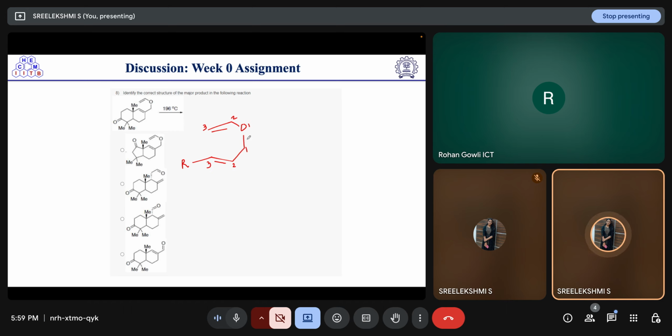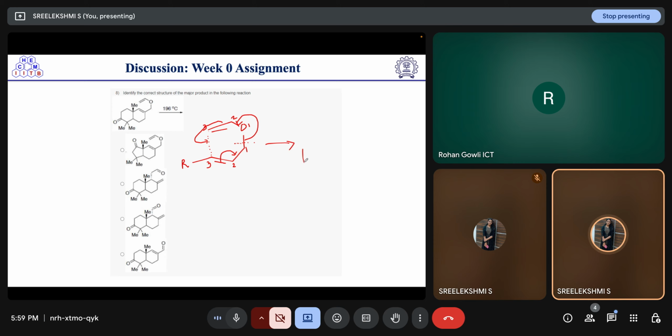So what will happen is this 1 bond will be breaking, and there will be formation of this 3,3 bond. So what will happen is this double bond will migrate over this center, and this bond will shift over here, and this double bond will come over this position to form this 3,3 bond.